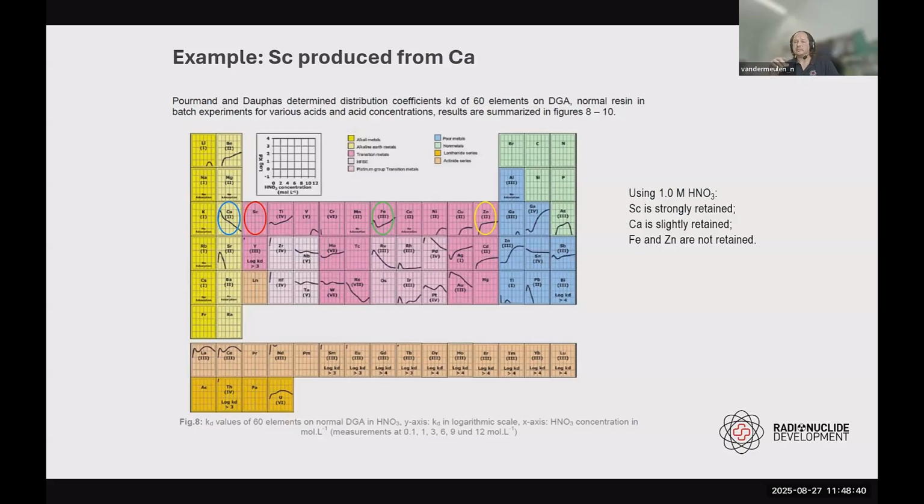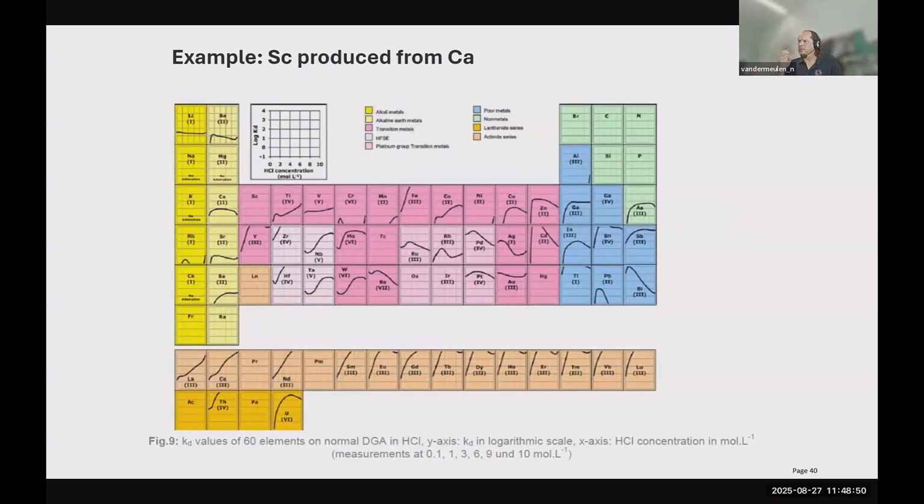But now you've got your scandium on your resin, and you've still got, say, half of your calcium on the resin. What are you going to do now? If you go through to what these gentlemen did for DGA and hydrochloric acid, you can see, if you look at the yttrium side of things, that with a low concentration of HCl, the distribution coefficient is low.